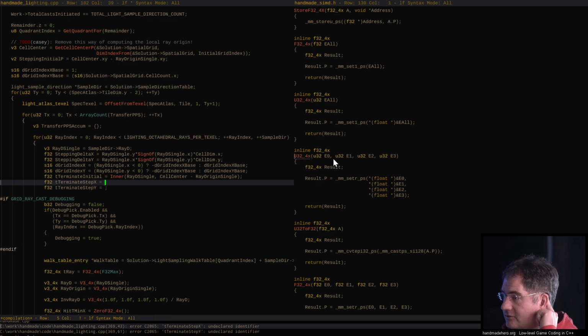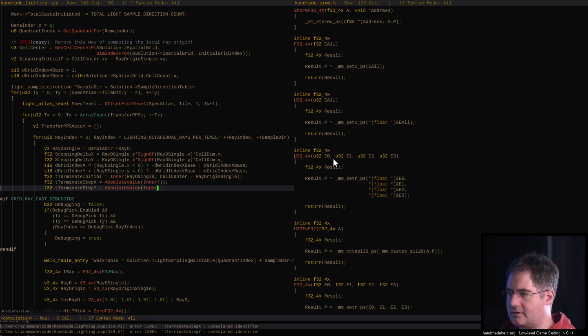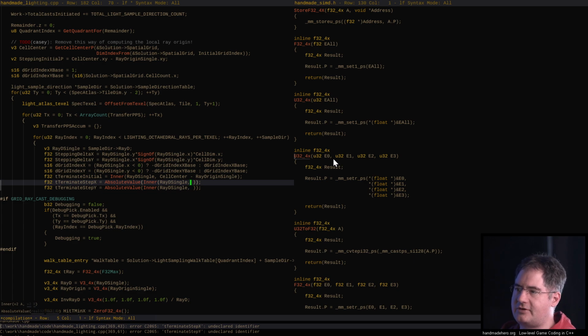So the T terminate step, it's always forward. And it's always going to be the inner product of whatever the ray direction is times a particular step. Now, it's not really even the inner product because you don't actually have to do the entire thing. It's literally always going to be 0 everywhere except for the one type of step you're taking.